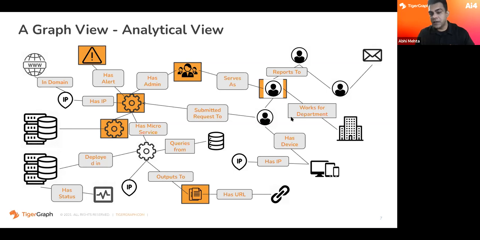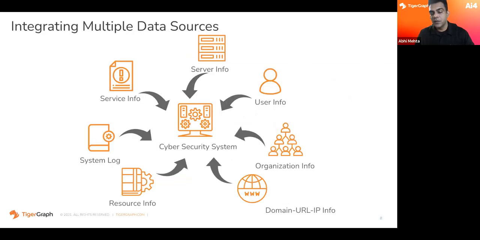This doesn't happen right now for any cybersecurity tool or any analytical tool built on top of your log file. And the simple reason is we are talking about a very, very complicated system: a cybersecurity system that would take in server logs, user details, organizational information, and of course, resource details, logs, and files of various different kinds.